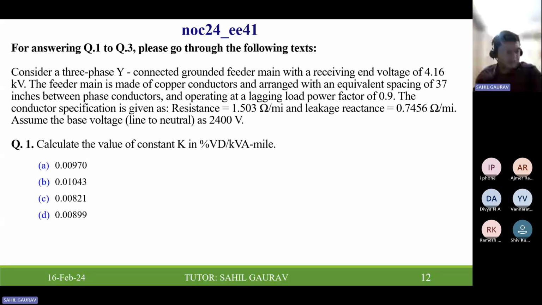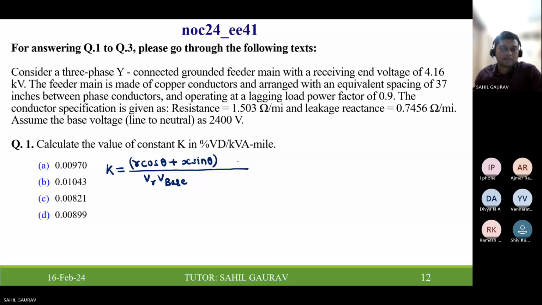We know that per unit voltage drop per kVA mile is (r cos theta plus x sin theta) upon VR times V base, times 1/3 thousand.